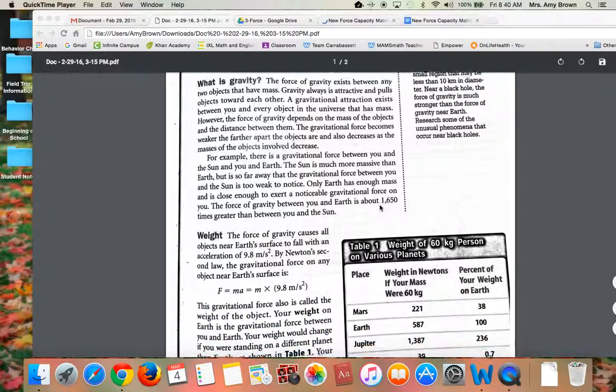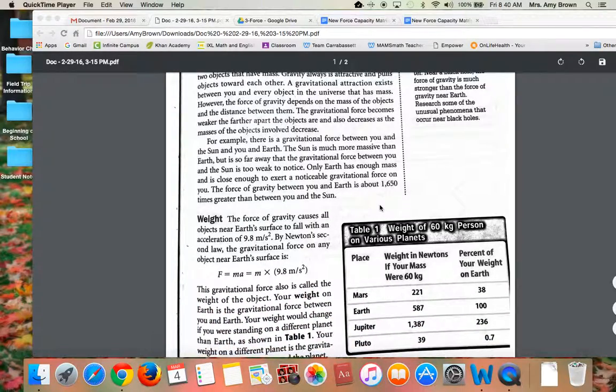The next section is about weight. The force of gravity causes all objects near Earth's surface to fall with an acceleration of 9.8 meters per second squared. By Newton's second law, the gravitational force on any object near Earth's surface is force equals ma, which is mass times acceleration, which is equal to m times 9.8 meters per second squared.